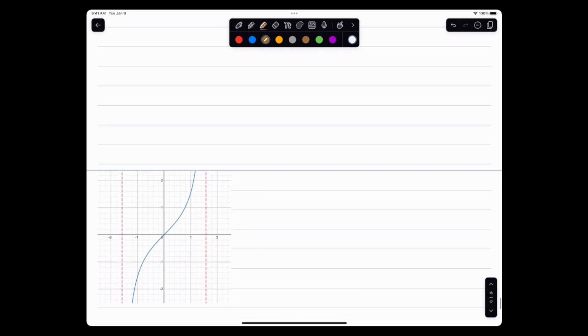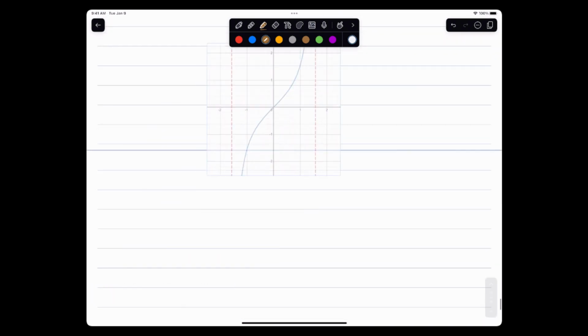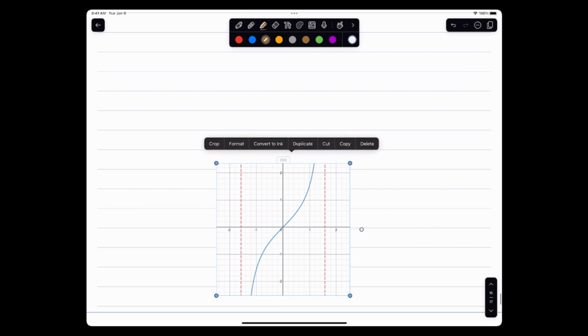Thought I imported it. Oh, there we go. So I'll show you guys this Desmos picture.